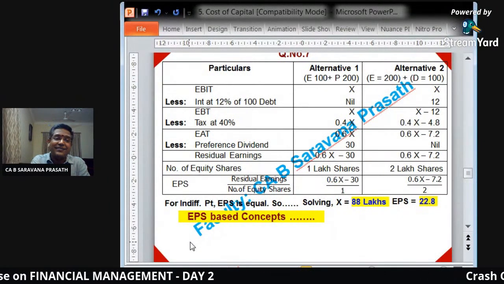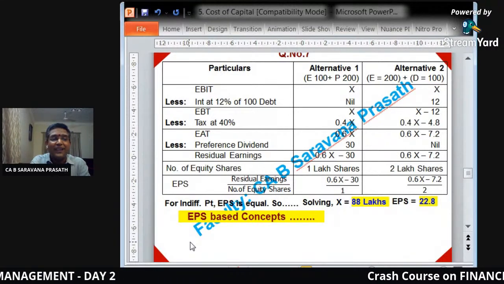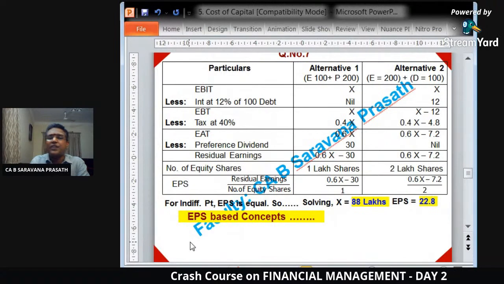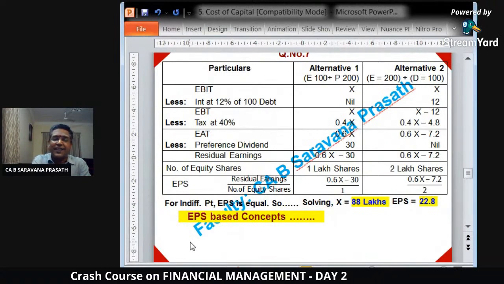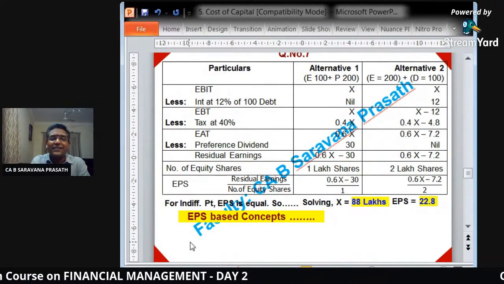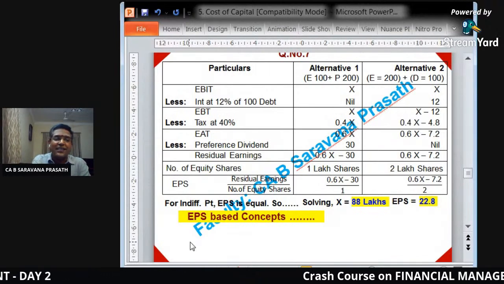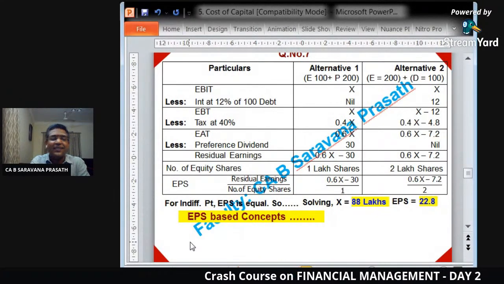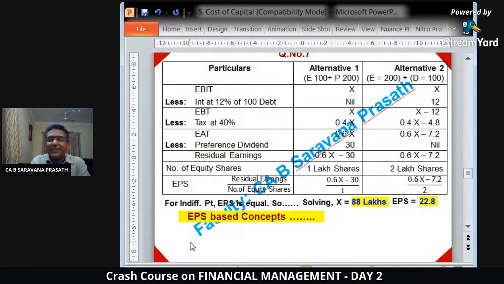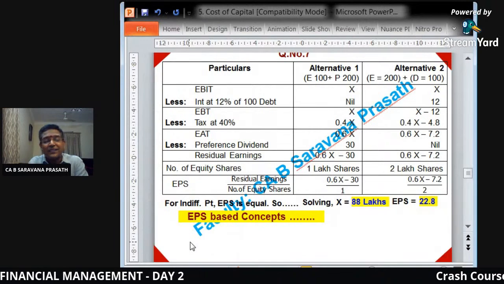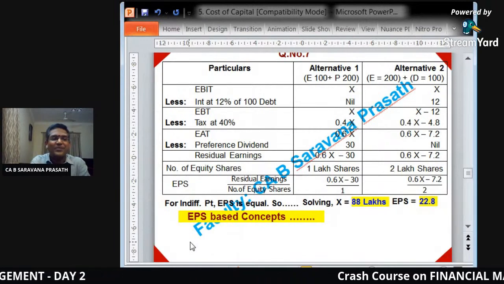Now, the question also says verify your answer by calculating the EPS. So, we will substitute in each equation. Last line: 0.6X minus 30 divided by 1, that is 0.6 into 88 minus 30 divided by 1. The result is 22 rupees and 80 paisa. EPS, my dear people, is in rupees.